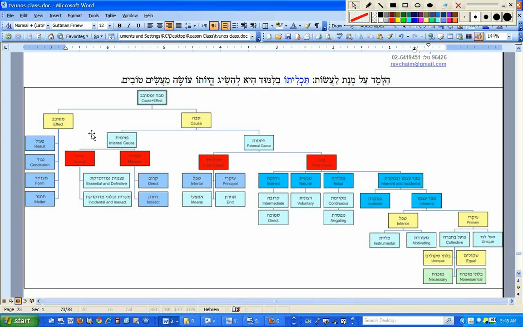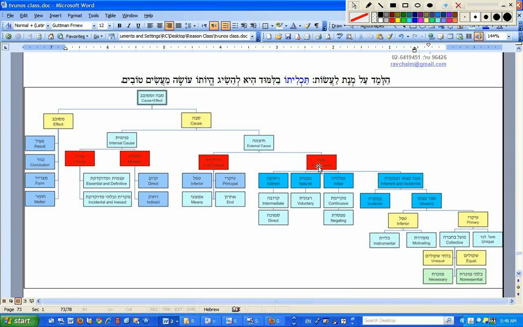Remember, the Ramchal in his introduction said that certain aspects are internal to a subject and certain are external. So we can imagine, for instance, making a kli cheres, a pottery vessel. So the internal aspects of that kli cheres that's made of a chomer, which is clay, and it has a certain form. Okay, so round, so it can accept liquids.